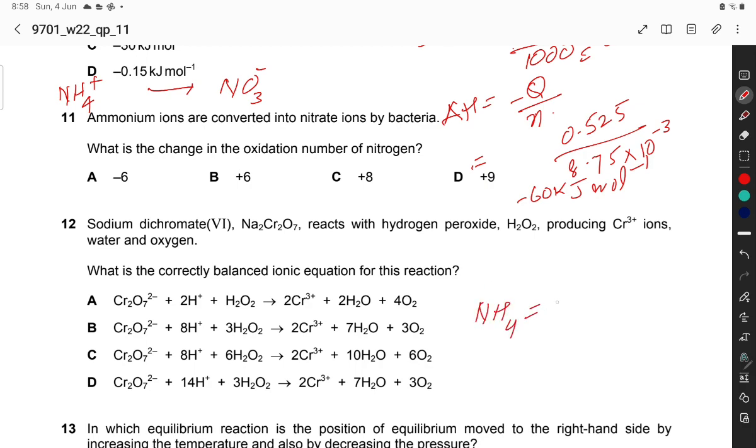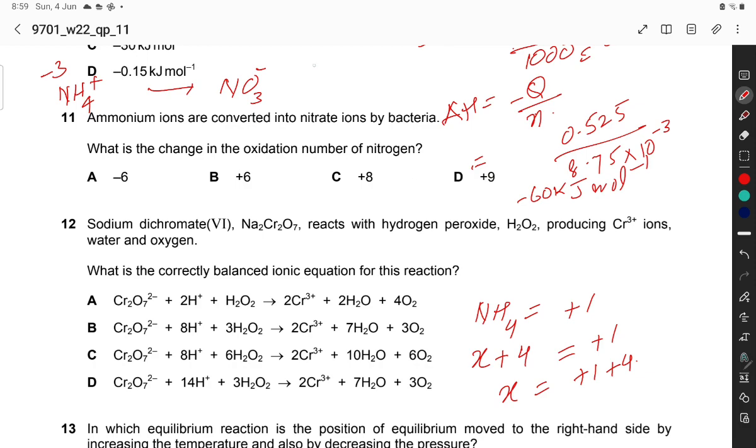NH4 is equal to plus 1, nitrogen X plus hydrogen 4 is equal to plus 1. X is equal to minus 3.